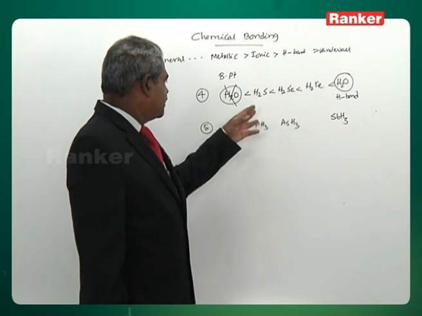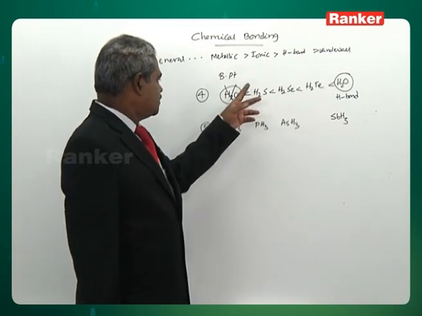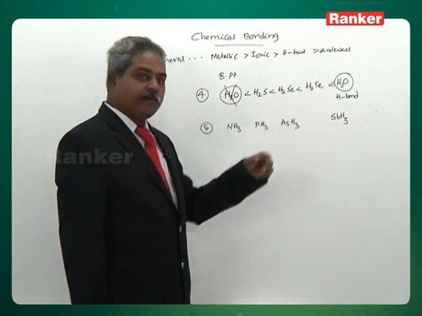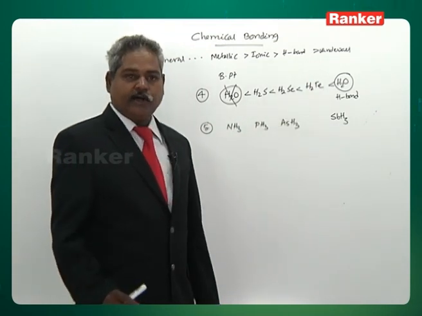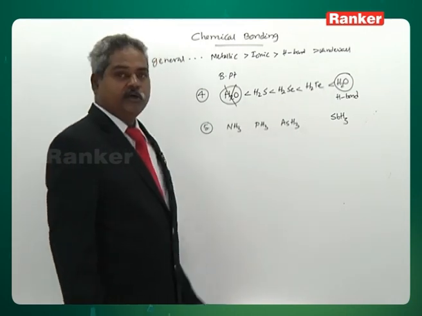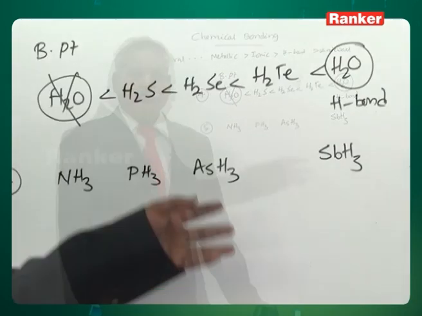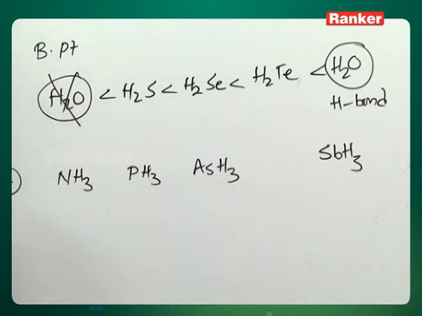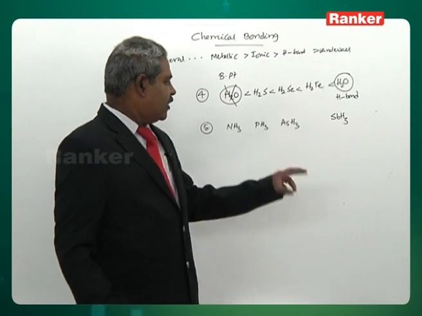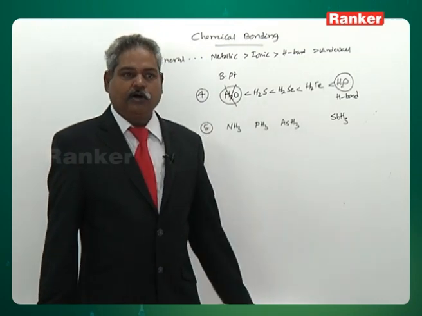All these are hydrides. Hydrides of 6th group, oxygen, sulfur, selenium, tellurium, nitrogen, phosphorus, arsenic, antimony. So, compounds formed by hydrogen and elements of 5th group, 6th group, 7th group. So, once again they depend on intermolecular forces. Intermolecular forces depend on whether they have hydrogen bond or not, whether they have ionic bond or not.